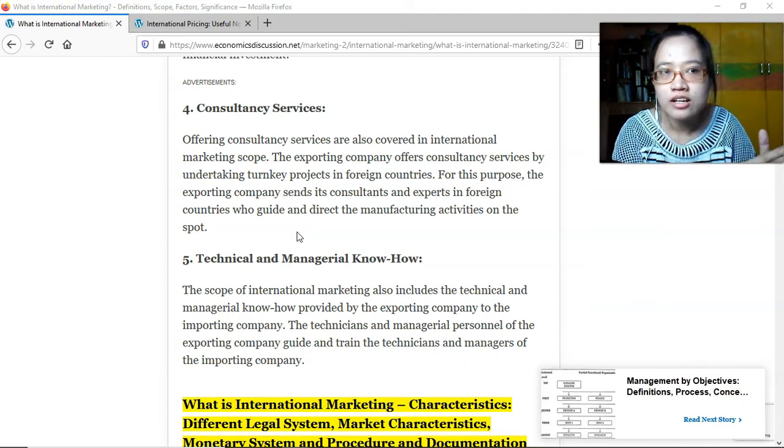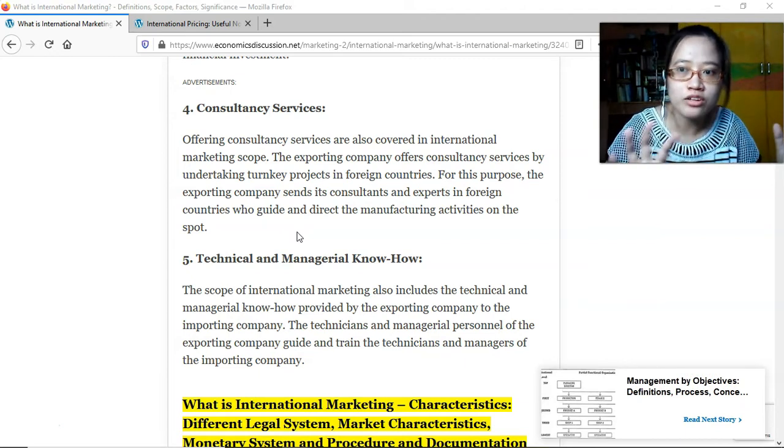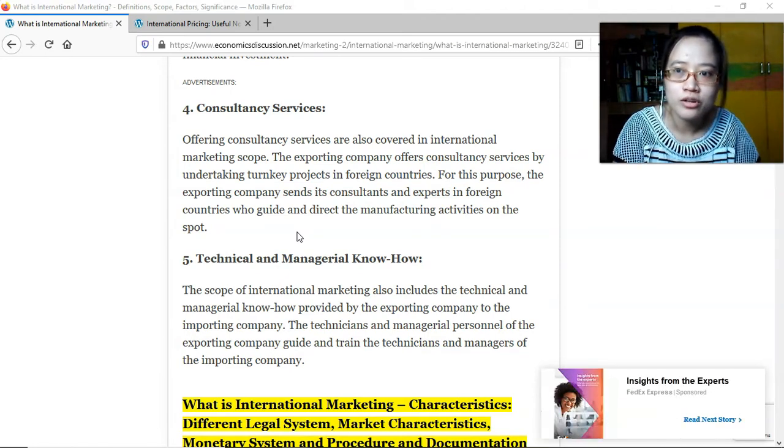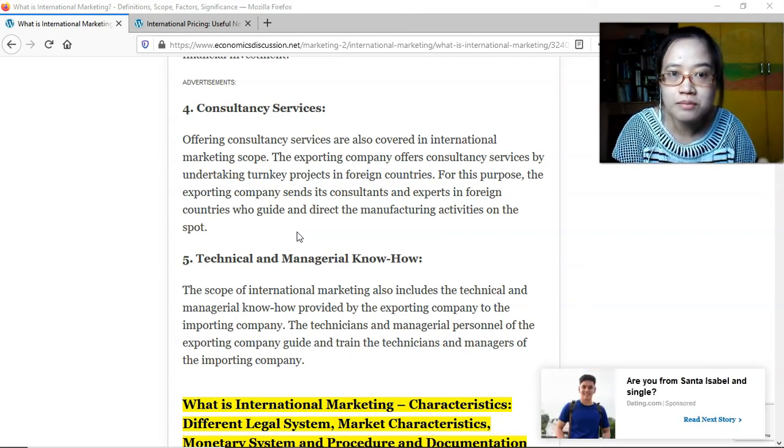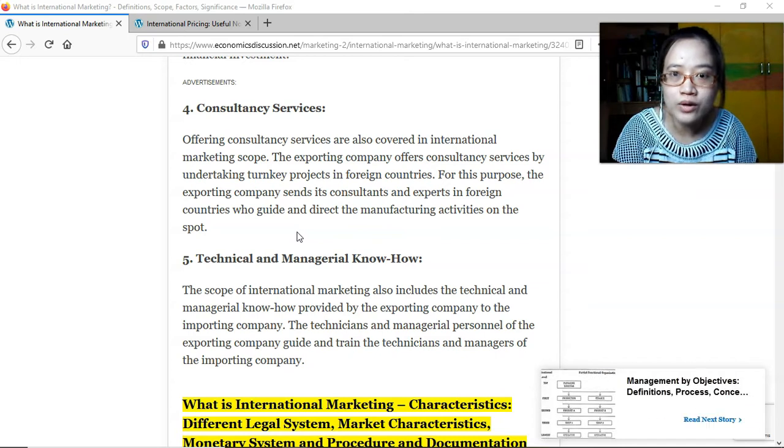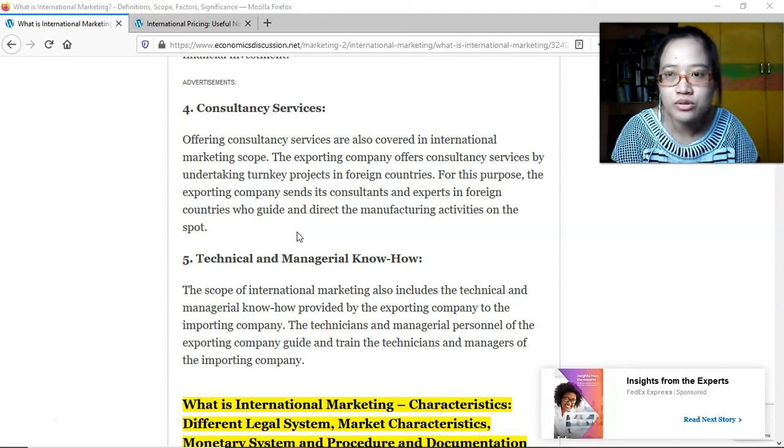In that sense, you don't need to bring in all the resources from one country to another. You just need to have the people go over and oversee the establishment of the business and then provide consultancy services on how the operation is to be set up, what they need to do, how the process is done, especially the production process of the good or service itself. Okay, and then how the after sales and customer service should be, things like that.